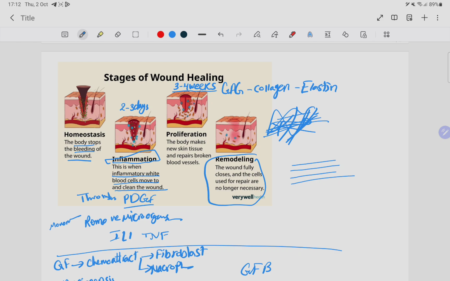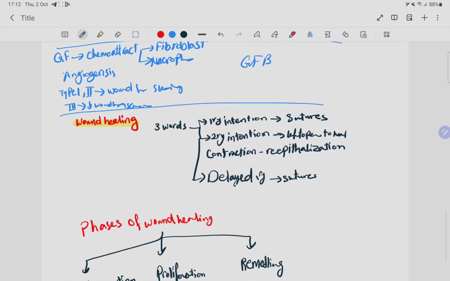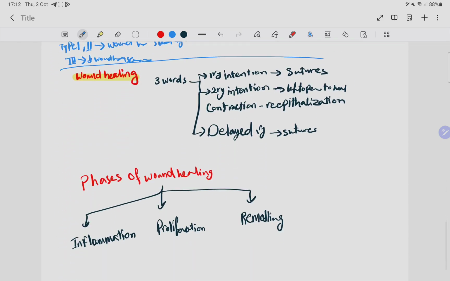Okay, let's talk about myofibroblasts. This cell was first identified by someone called Gabbiani in 1971. It resembles a fibroblast, but is different in that it contains cytoplasmic filaments like smooth muscle, and these are responsible for wound contraction.